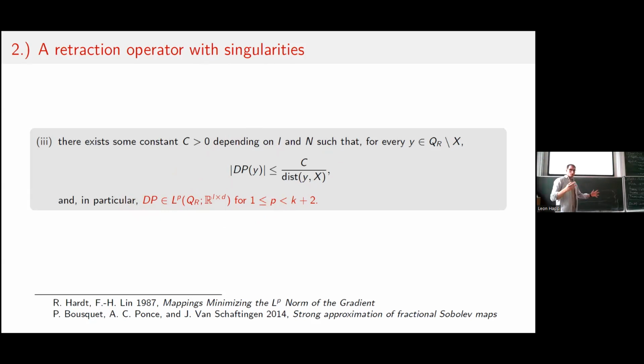I have to say this is not new. The first place where it was applied is this paper by Hardt and Lin from '87, where, as the title suggests, they study maps minimizing the L^p norm of the gradient. But among other things, they also construct extensions for Sobolev maps between two manifolds.